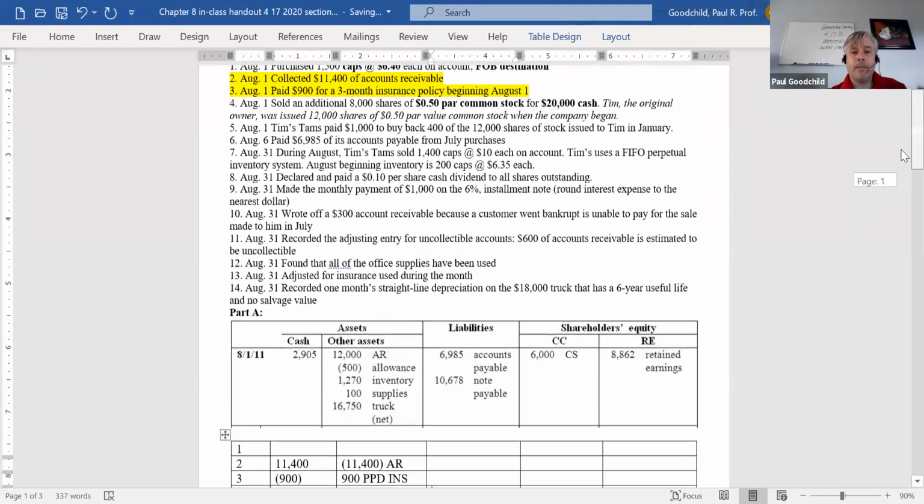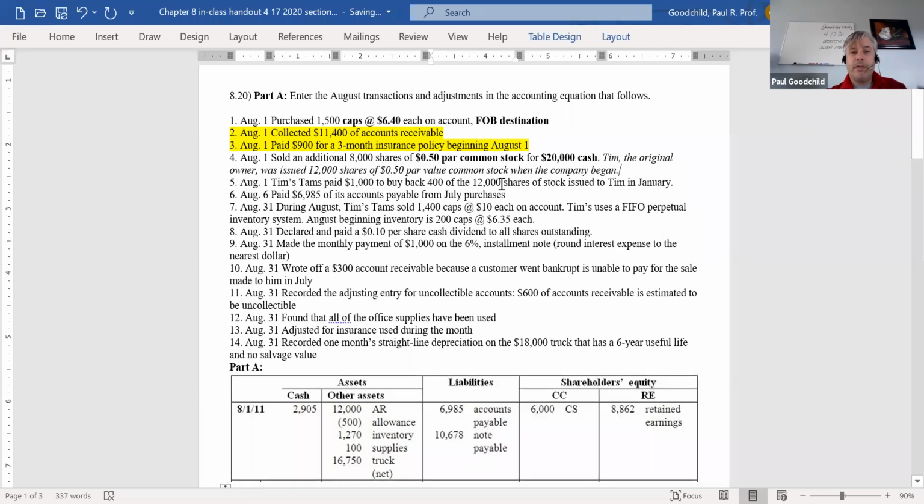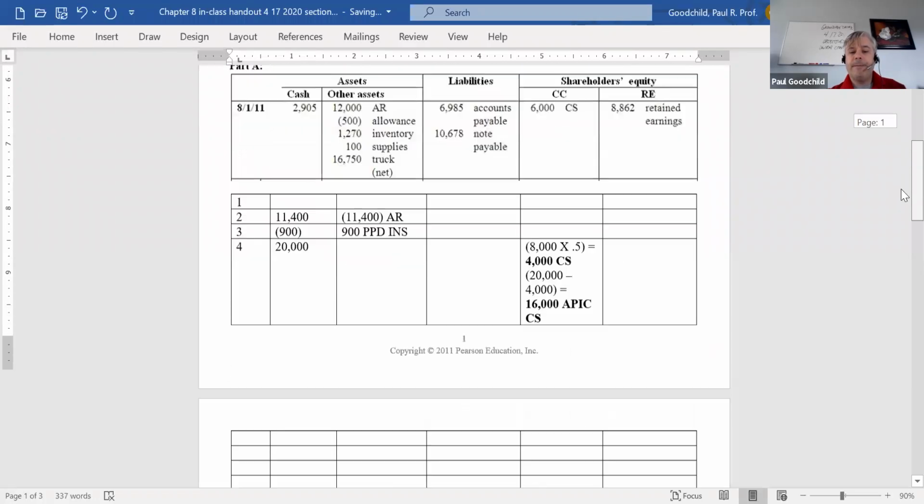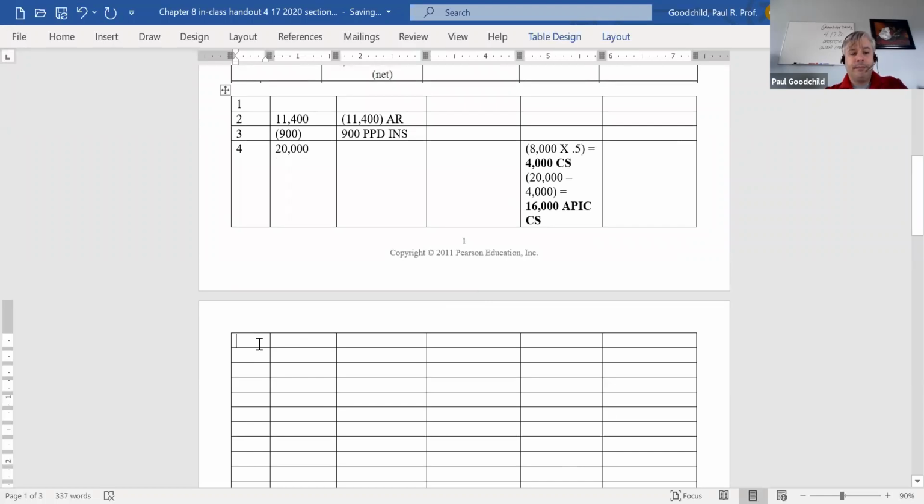Okay. So I'm going to move on to the next part. It says Tim Stams paid back 1,000 to buy 400 of the 12,000 shares issued to Tim in January. So we have 1,000 reduction in cash.